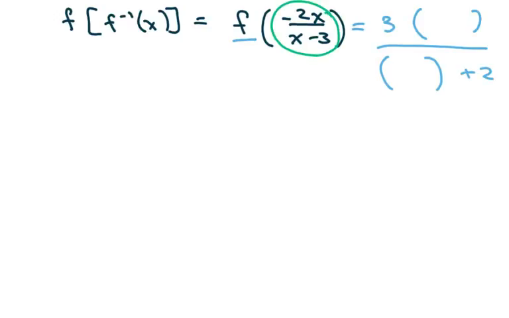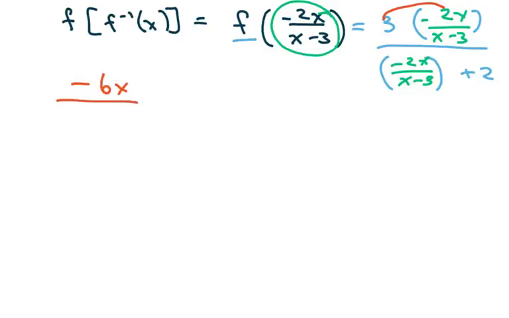And this is my new x, so I'm going to plug in negative 2x over x minus 3. If you want, you can go ahead and distribute that 3 there. Let's go ahead and do that. Negative 6x over x minus 3.